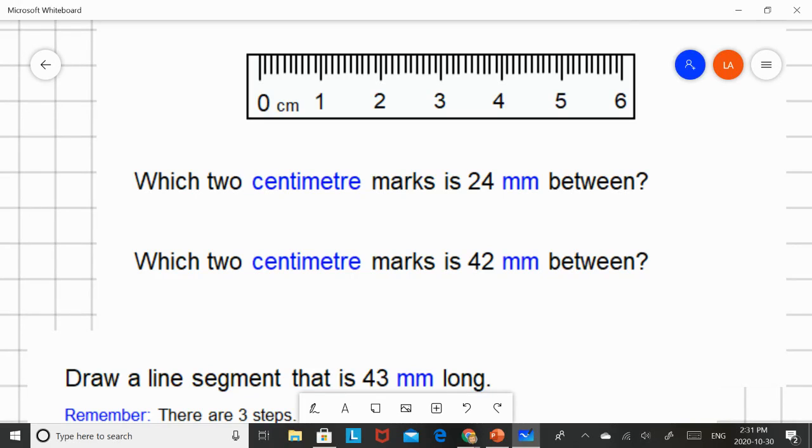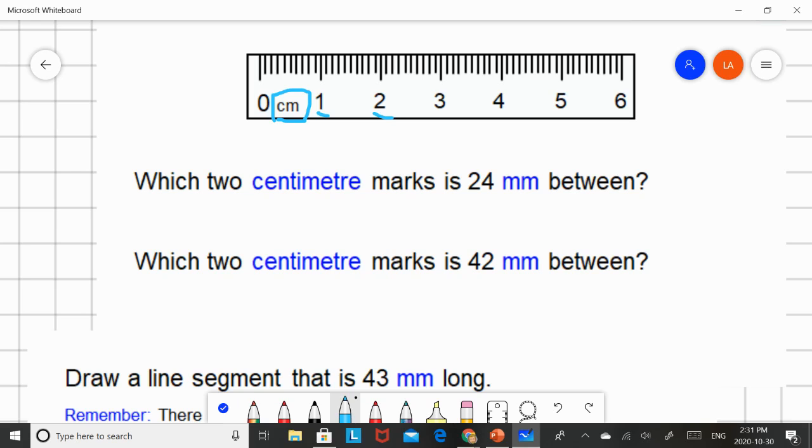Which 2 centimeter marks is 24 millimeters between? Here we have our ruler in centimeters. We can tell that it's centimeters because it has the cm, which stands for centimeters. We know that these individual ticks are all 1 millimeter, which means 1 centimeter is 10 millimeters. 2 centimeters is 20 millimeters. 3 centimeters is 30 millimeters, and 4 centimeters, 40, 50, 60, and so on.